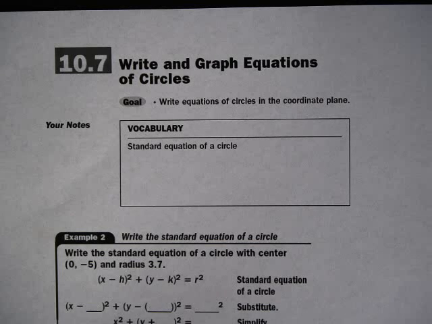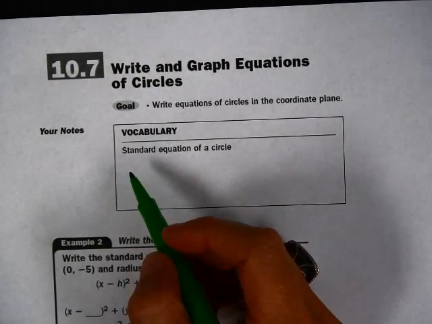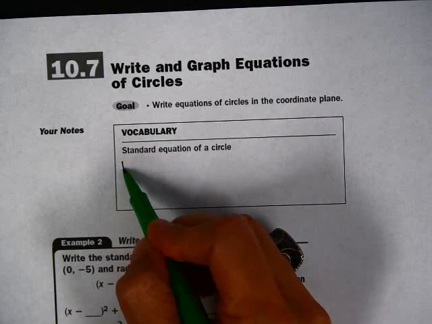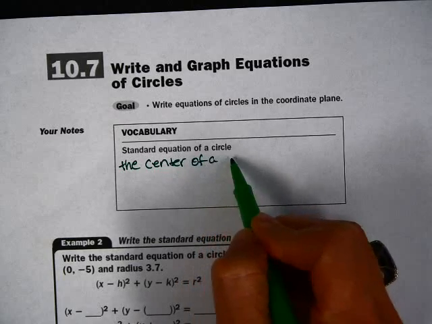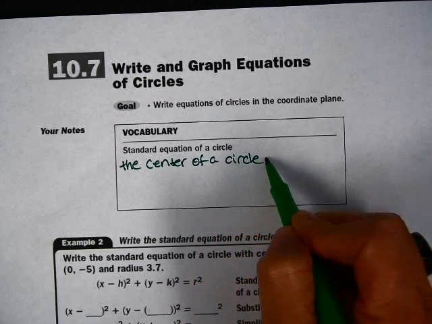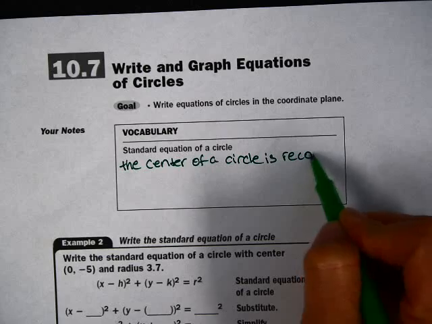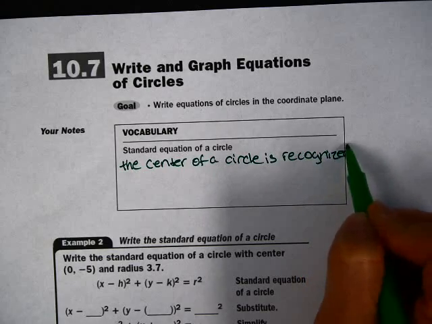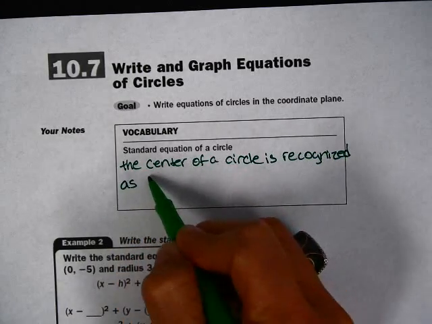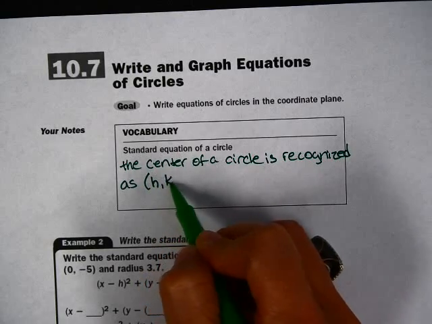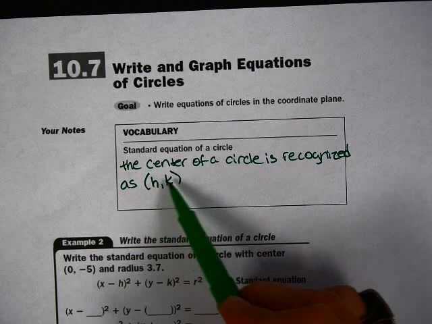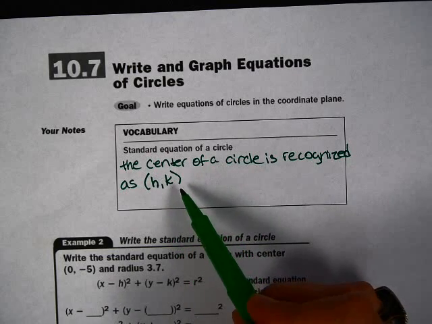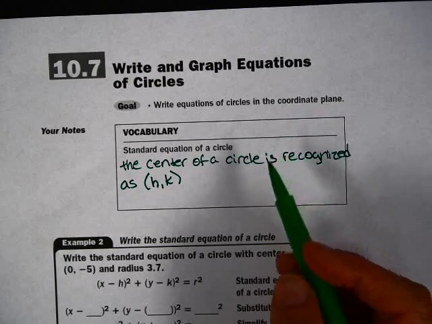All right, so we're going to start off with defining the standard equation of a circle. The center of the circle is recognized as point (h, k). So instead of (x, y) like we normally have, we're going to call it (h, k), where h represents the x coordinate and k represents the y coordinate.